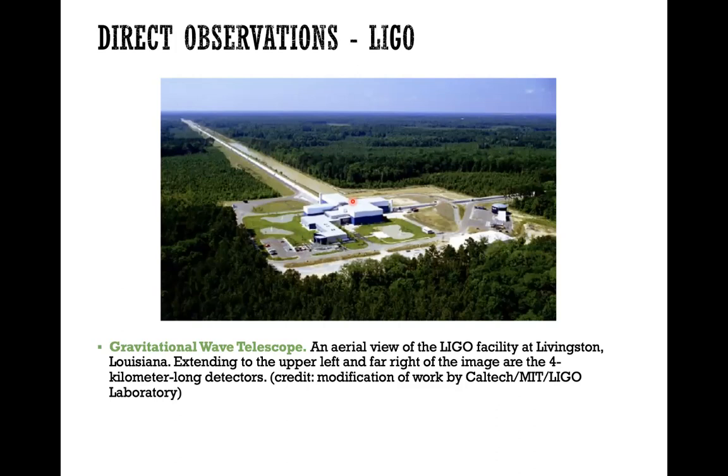It has two long paths, one path in this direction and another path in this direction, and these are a few kilometers long. And what would happen is, if you have a change in the space time, there is a laser beam that goes in this direction and comes back to the same location, and another laser beam that goes in this direction and comes back to the same location, and they are synchronized in such a way that they do not have a phase difference, or they do have a phase difference.